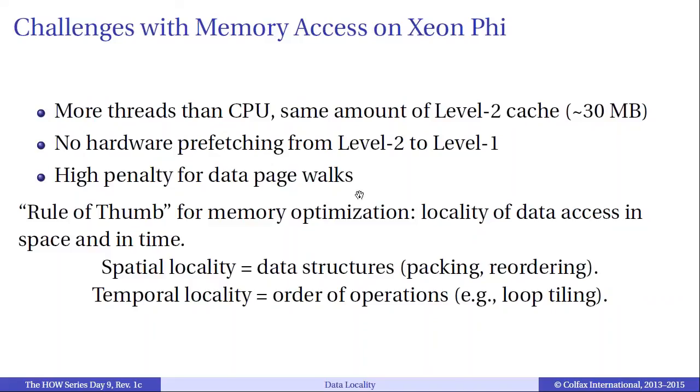Also, data page walks. This is a situation that occurs when you have too many jumps in memory, like this STREAM benchmark modified with randomness that I showed earlier. A data page walk occurs when you are trying to read a virtual memory address for which you do not have an entry in a special cache called the TLB. TLB stands for Translation Look-Aside Buffer.